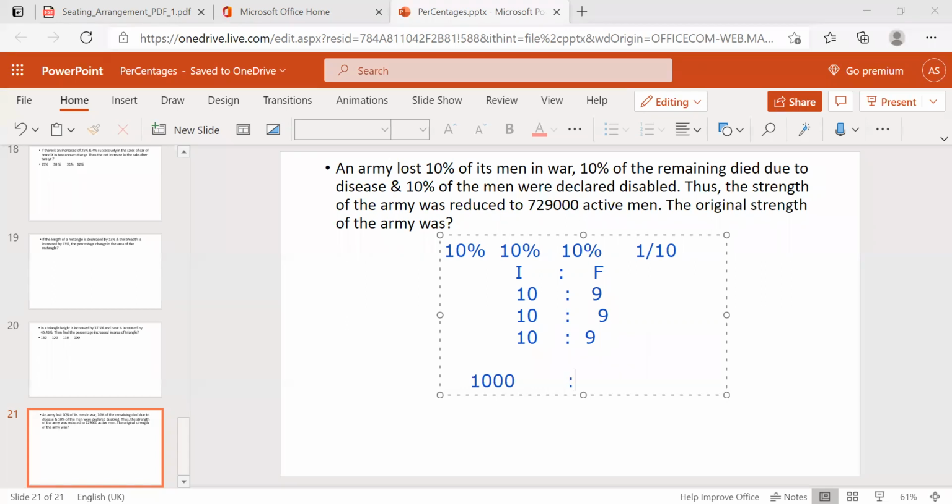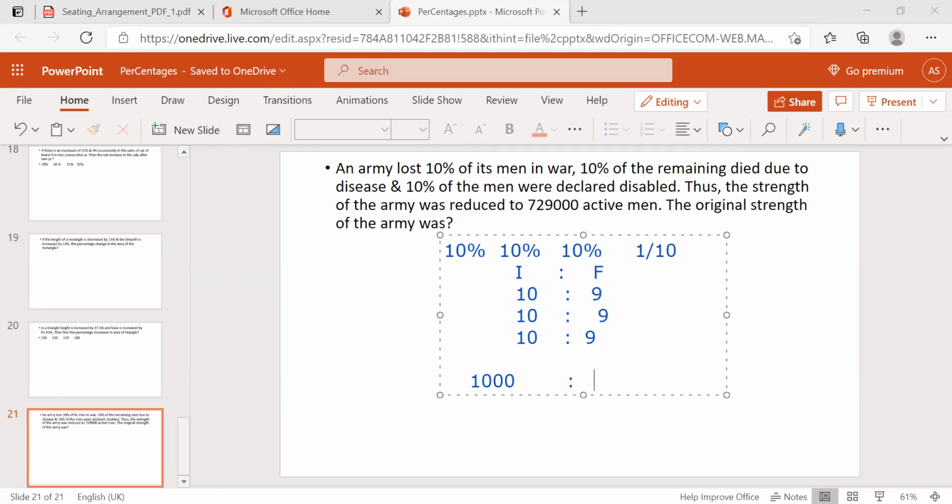Initially it's 1000 parts, and now first time 9 parts, second time 9 parts. 9 into 9, it's 81, and 81 into 9. It's a cube. So 3 times of 9s it decreases.